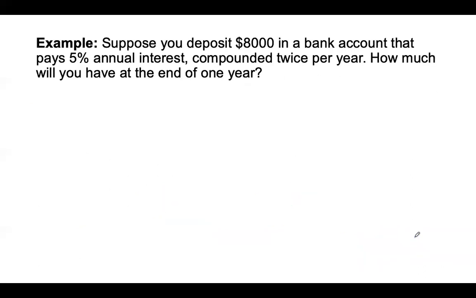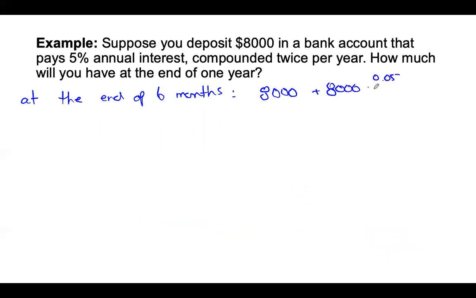So suppose you deposit again $8,000. At the end of 6 months, what do you have? You're going to have 8,000 plus 8,000 times 0.05 divided by 2, which is 8,200 at the end of the 6-month period.